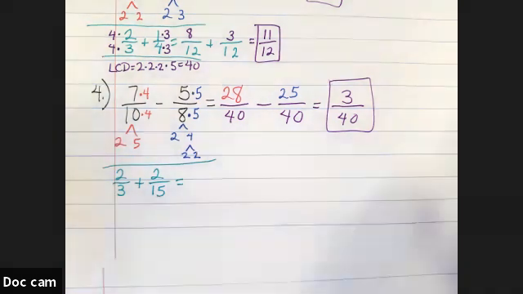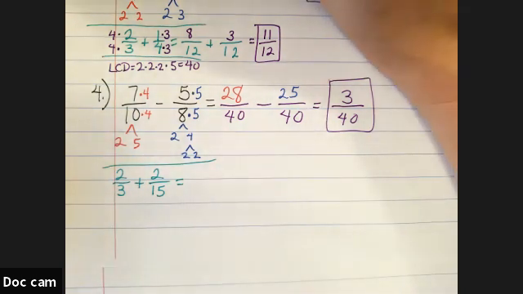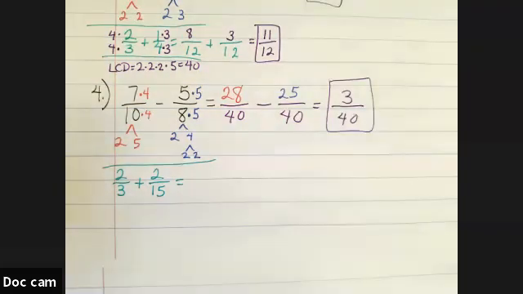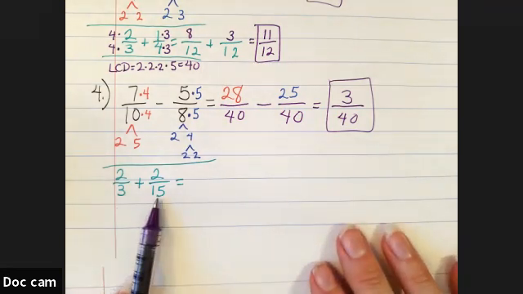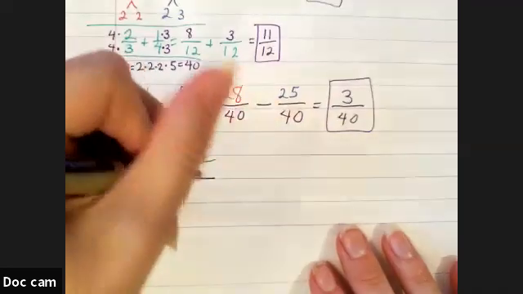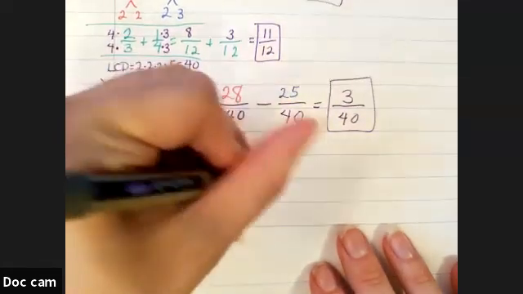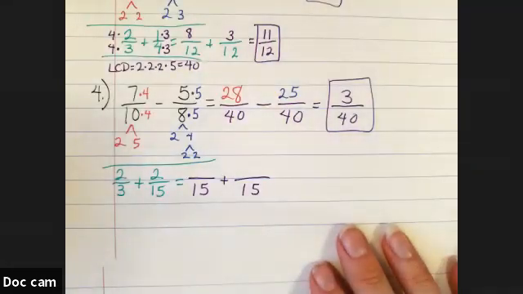All right. Okay. All right, so first we are going to figure out the LCD. So basically 3 goes into 15. So 15 is going to be our LCD. All right.